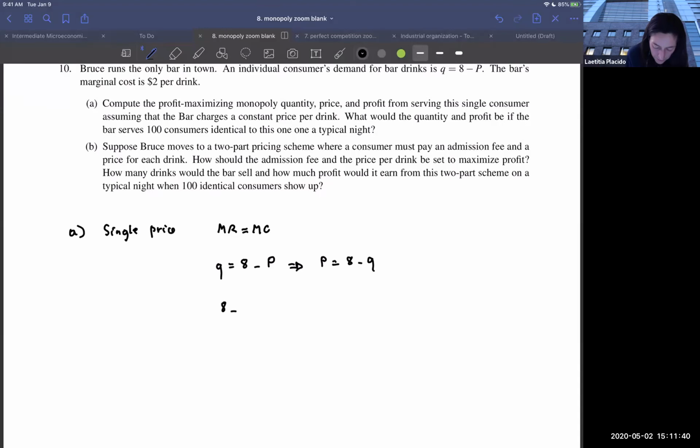So you have 8 minus 2Q equal to marginal cost, which is 2. So what is the optimal quantity for a single consumer here? Well, this is 3. So one consumer here in the bar consumes 3 drinks and he pays a price of 8 minus 3, a price of 5 per drink.